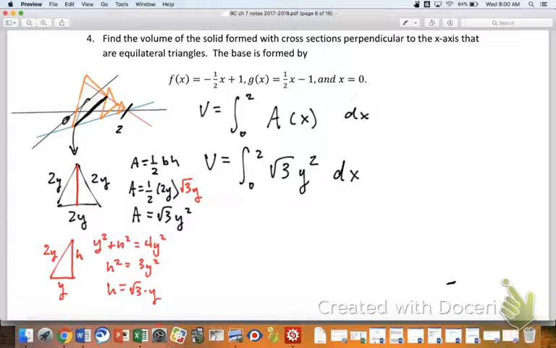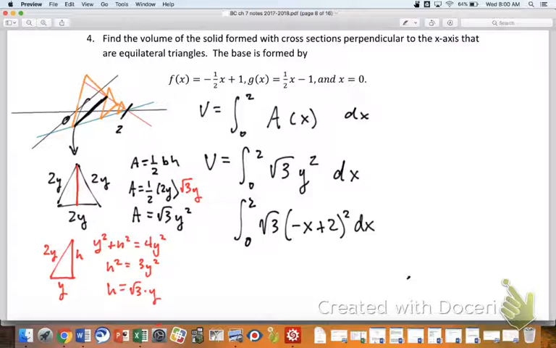So what could I use to replace the y? F of x minus g of x. Yep, f of x minus g of x. So that would be negative x plus 2? Yeah. So the integral from 0 to 2 of root 3 times (negative x plus 2) quantity squared dx.